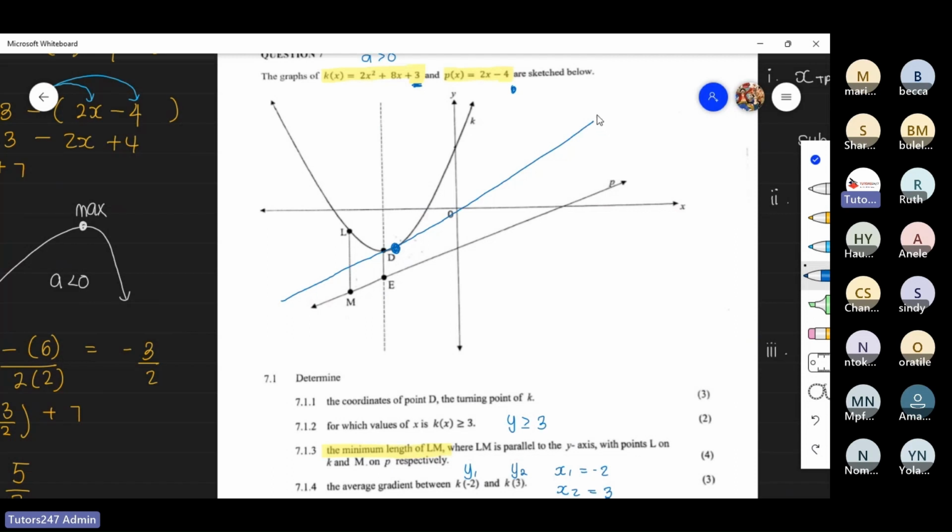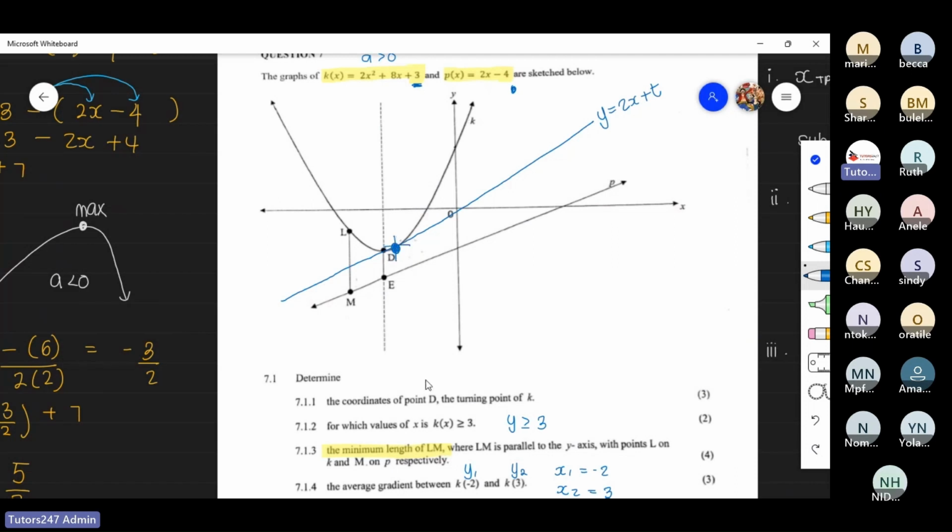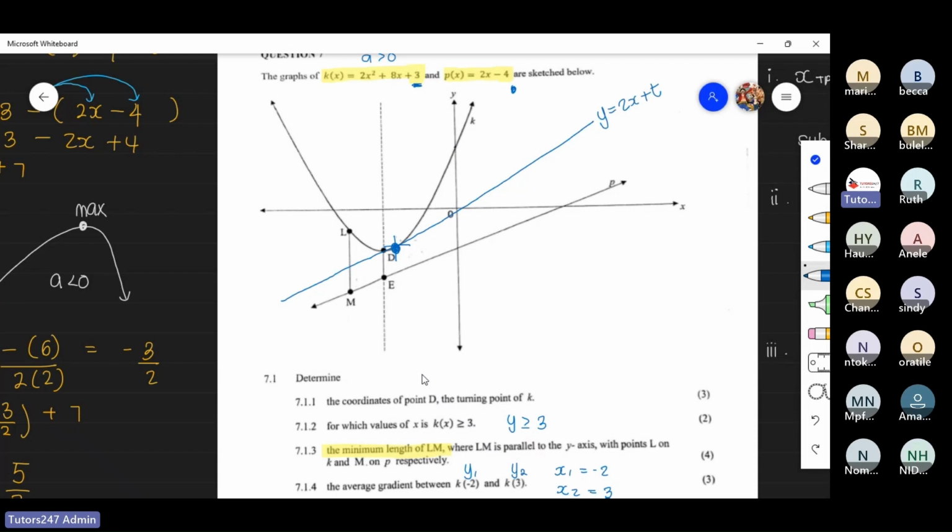So this is our, let's call this our straight line, y equals 2x plus t, right? And it's touching k only once. Keep in mind, at the point where they touch, they're going to have the same x and the same y value, because in a sense they're intersecting one another.